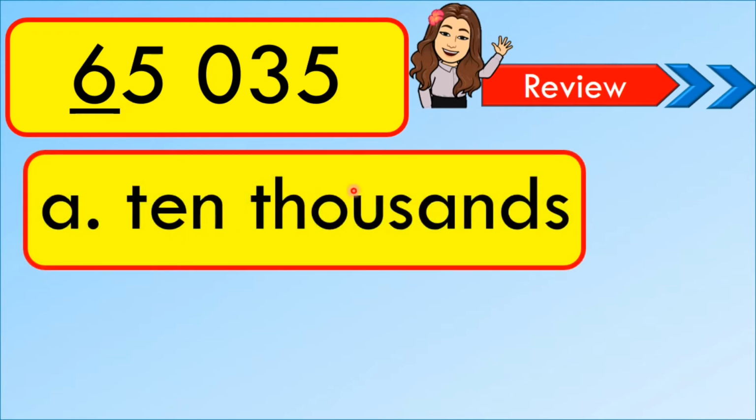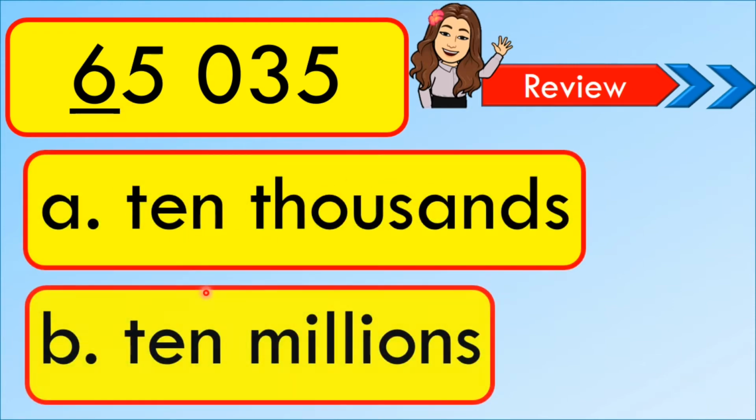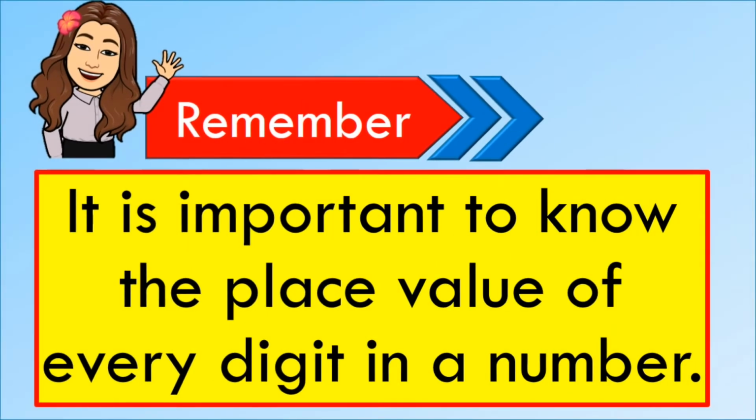Is it A, 10,000s? Or is it letter B, 10 millions? So the correct answer between the two is letter A, 10,000s. You got all the correct answers. Now let us remember that it is important to know the place value of every digit in a given number.